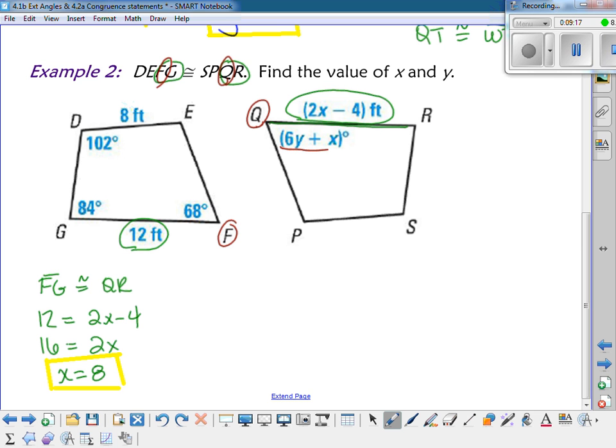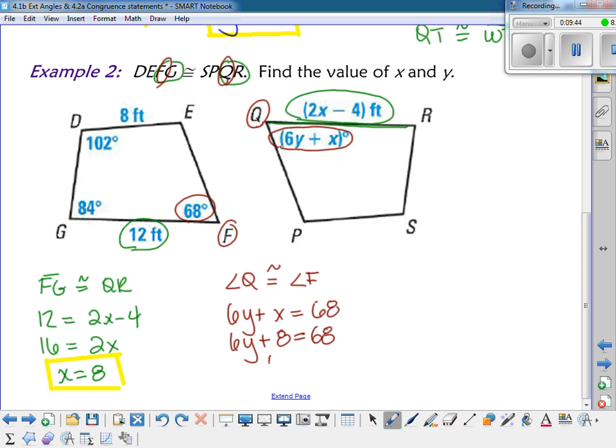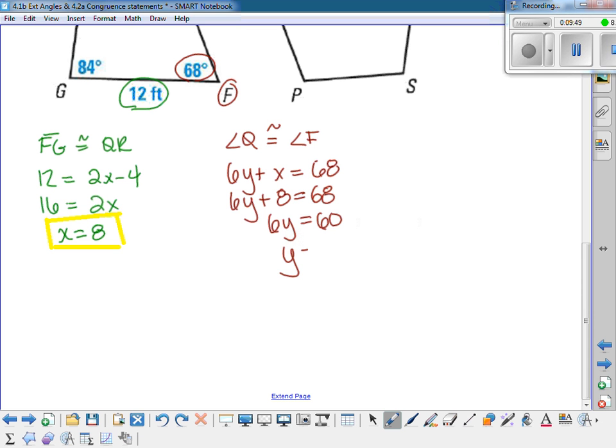So my 6y plus x is going to have to equal 68 degrees, because angle Q is congruent to angle F. So 6y plus x is going to equal 68. I found that x was 8, so I'll go ahead and put that in. And then I subtract the 8 from both sides, and I get 6y is equal to 60. And so y is equal to 10.